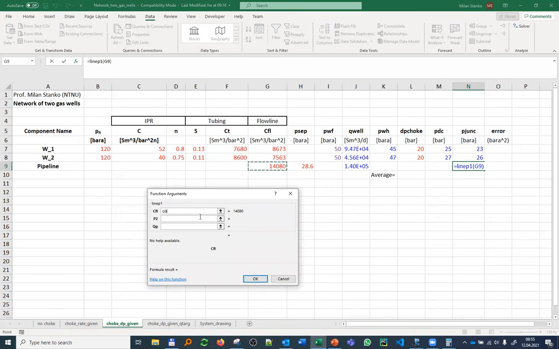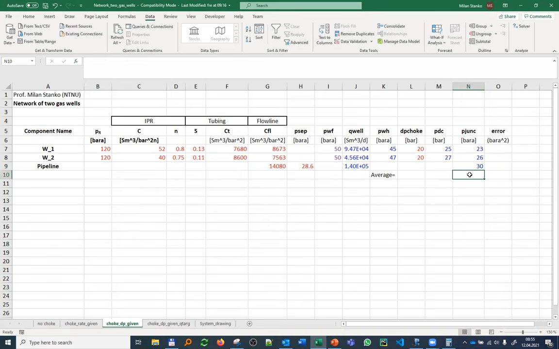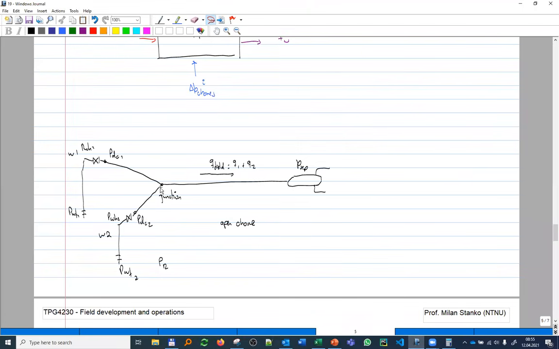C flow line, P2, and the rate, 30. And then I want to make all of these the same by changing these two. It's exactly the same case as the natural flow, but now you see that the equilibrium point, the choke is not fully open. The equilibrium point is still at the junction.